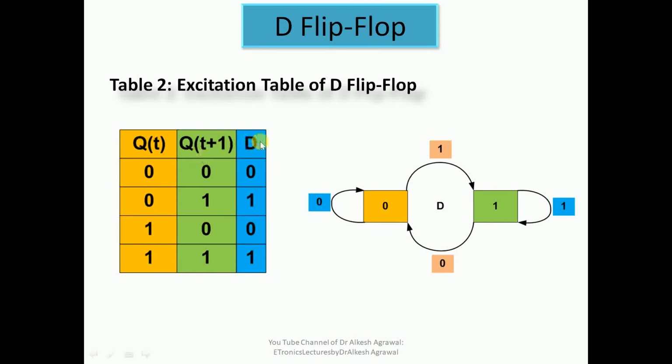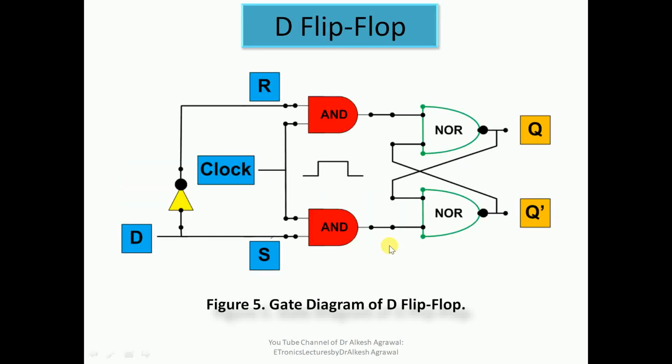So whatever will be the next state, you have given the same value at the D input. Qt+1 is 0 means D is given 0, Qt+1 is 1 means D given is 1, Qt+1 is 0 again means at D you have given 0, and Qt+1 is 1 means D is 1.